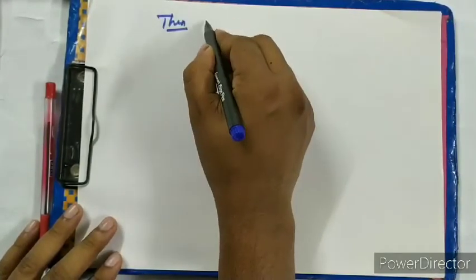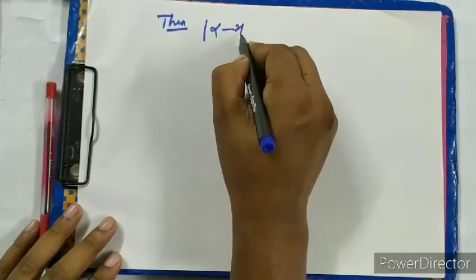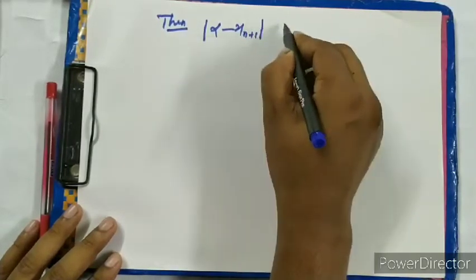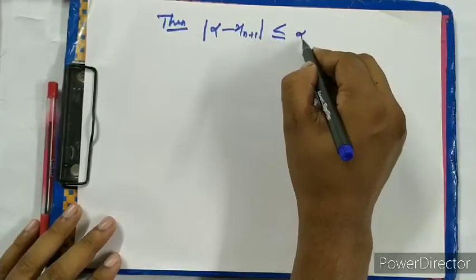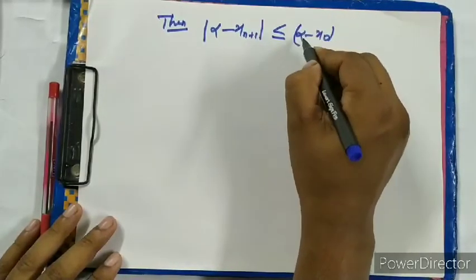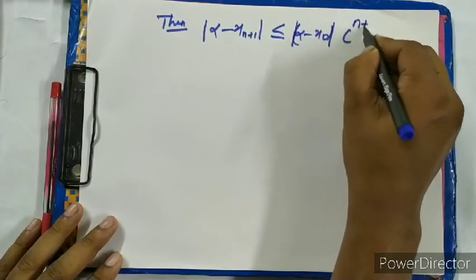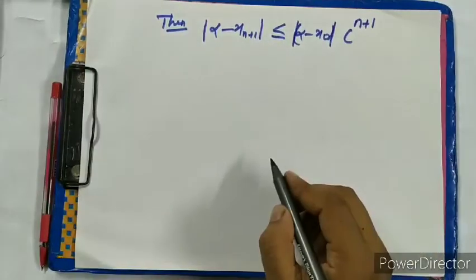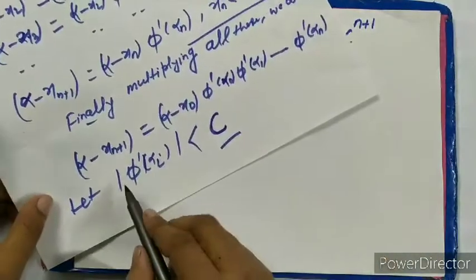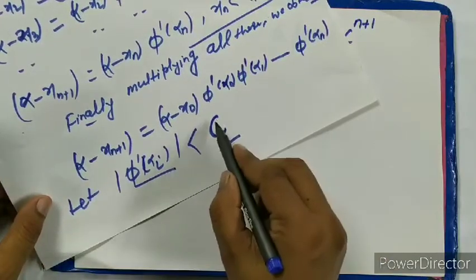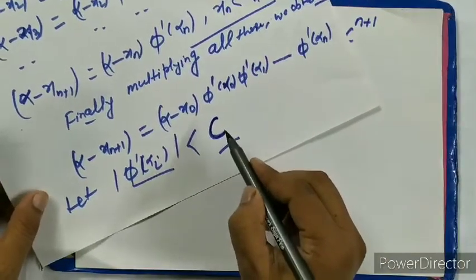Then modulus value of alpha minus xn plus 1 is less than or equal to modulus of alpha minus x naught times c to the power n plus 1. Here I choose modulus value of this is less than capital C.